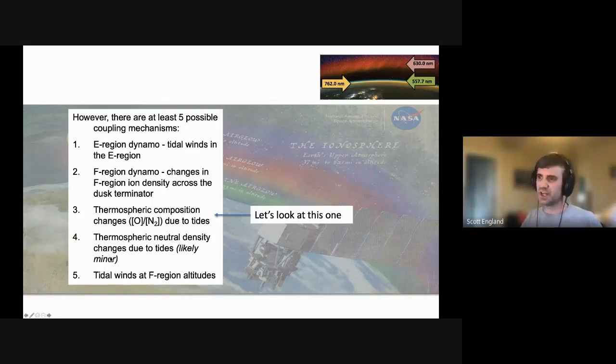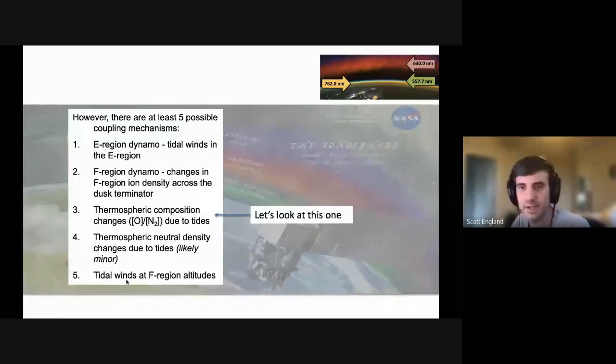We looked at changing the total mass density of the thermosphere. That seemed pretty unlikely. Maybe plays a very, very tiny role. We see that these winds associated with these tides make it all the way up to the altitudes of the F-region ionosphere. So could they be advecting the plasma or causing some motion of it?